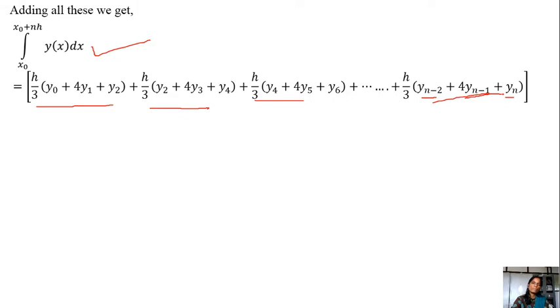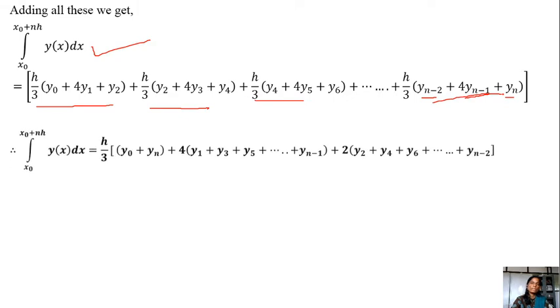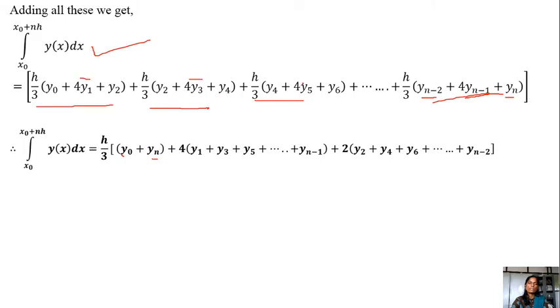So simplify all these, and you will get h by 3 outside of the bracket. In the bracket, the first term is y0 plus yn, initial plus final, and then collect the terms of the form 4yi. So 4y1 is there, 4y3 is there, 4y5 is there, 4yn minus 1.